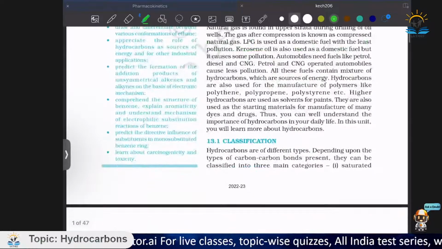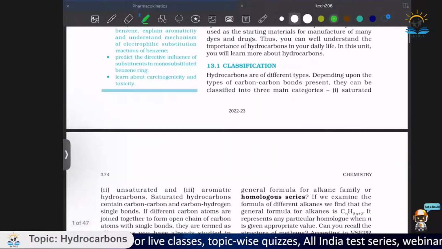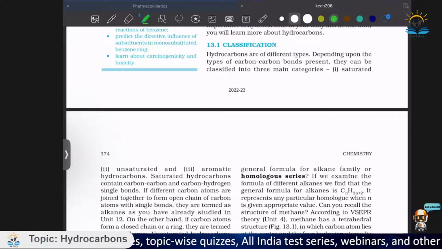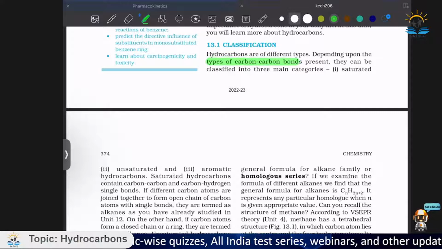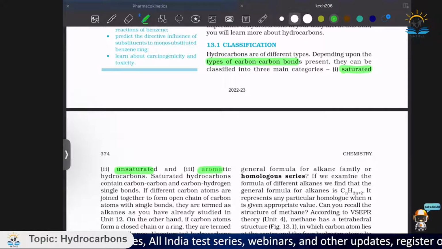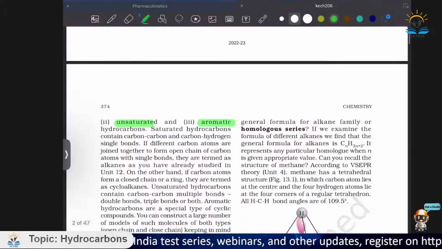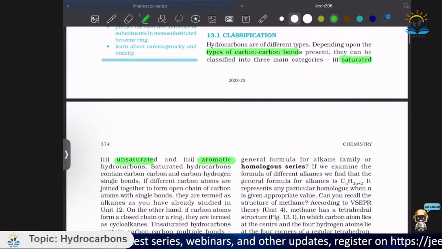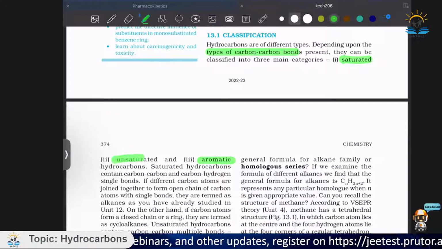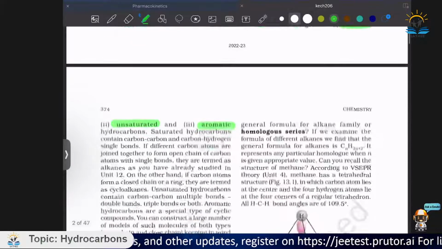Moving on, classification. Depending upon the types of carbon-carbon bonds, they are saturated, unsaturated, and aromatic. So these are the three types of hydrocarbons: saturated hydrocarbons, unsaturated hydrocarbons, and aromatic hydrocarbons.